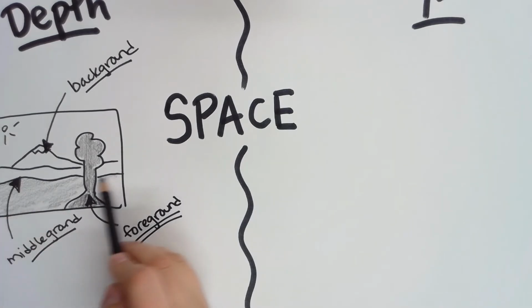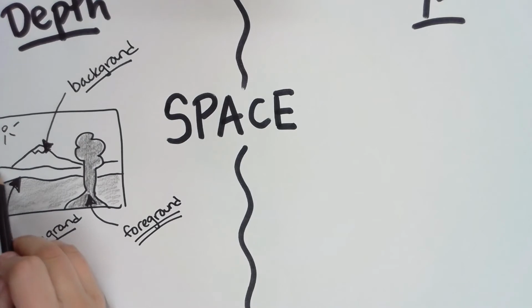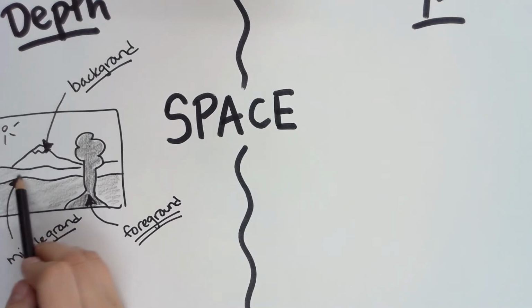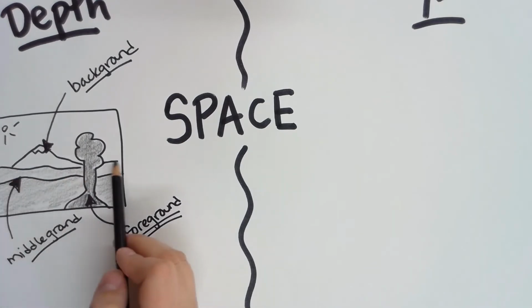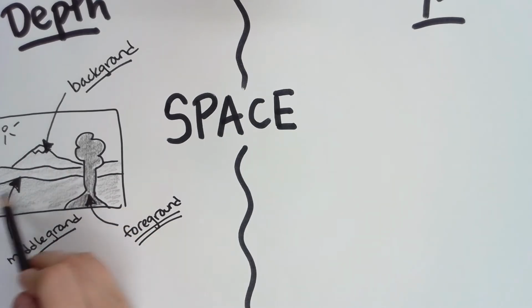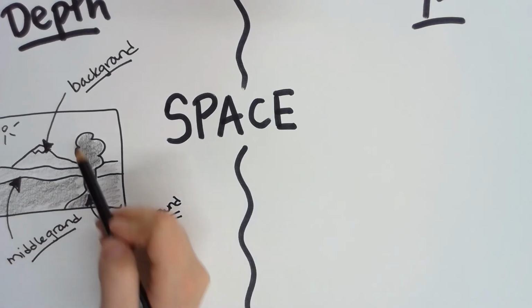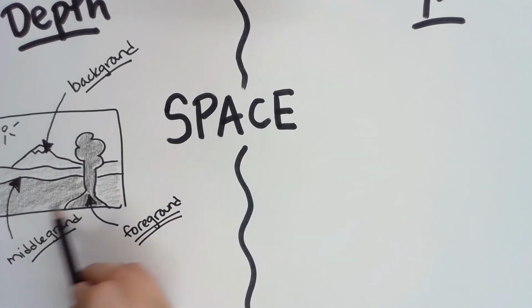So if I was drawing this and I wanted to really emphasize that this tree was the closest thing to me, I would also have all the other things get lighter and lighter, and then this mountain is going to end up being the thing that's closest to the value that we have in the sky, okay?